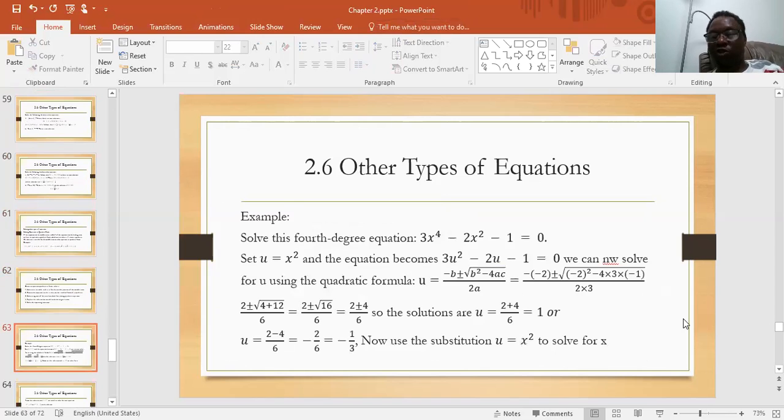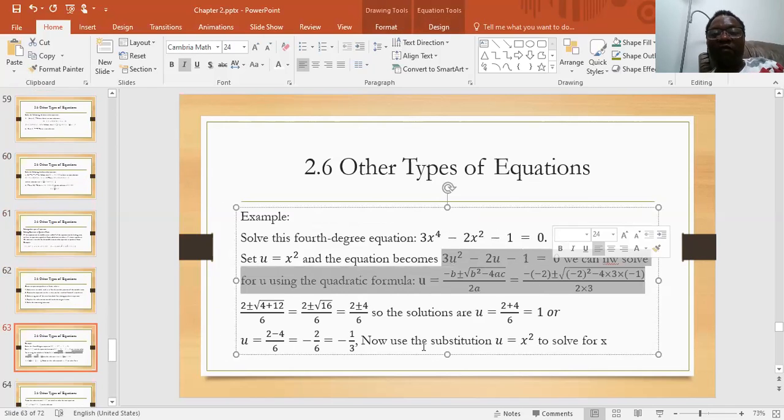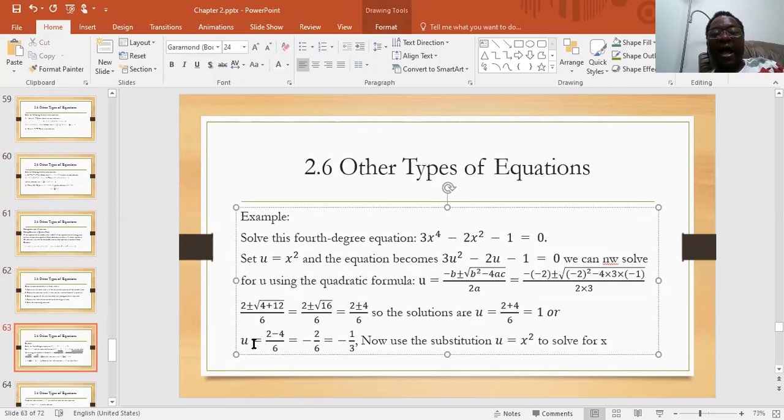You can make a substitution like u equals the middle variable. For example, here we have 3x^4 - 2x^2 - 1 = 0. I will set u equal to x squared and change this equation into a quadratic equation. After solving that quadratic equation, I should remember to set back the values.